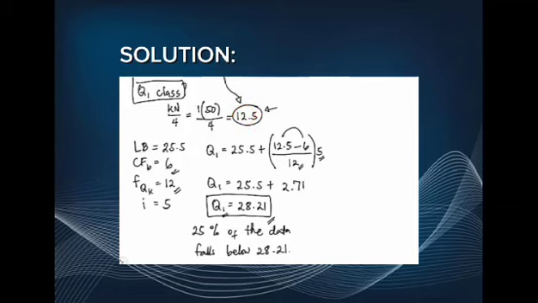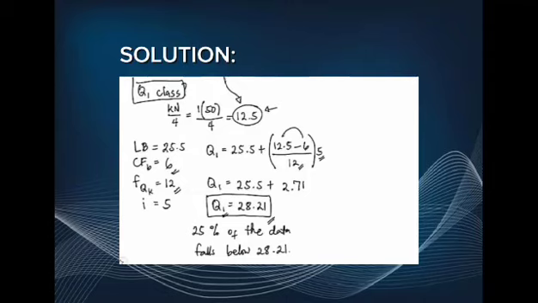Then last is our I, the size of the class interval. We get it from our class intervals. Notice that our lower class limit is 46, so just count: 46, 47, 48, 49, 50.